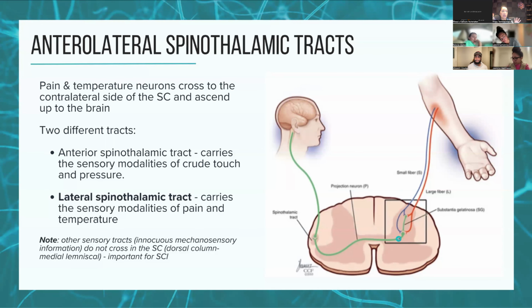But when it comes to pain and temperature, they cross over at the level at which they enter the spinal cord and then go up that tract. The main tract is the lateral spinothalamic tract. So it crosses over all the way to the other side and goes up this tract, and that's what's going to carry that pain signal up to the thalamus.